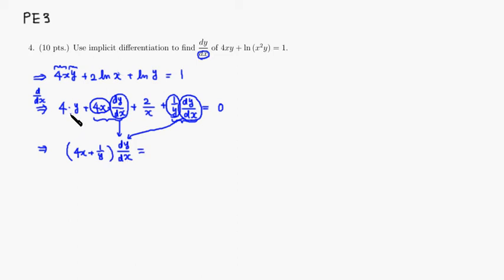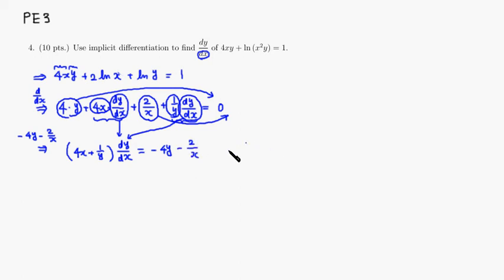Then we're going to put the 4y on the other side, so it'll be negative 4y, by subtracting 4y from both sides. And we're going to put the 2 over x on the other side by subtracting 2 over x, so it's minus 2 over x.